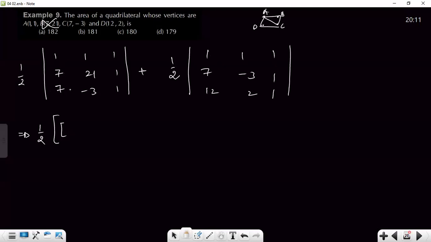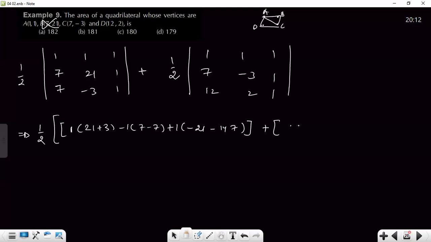determinants. Let's solve the determinants now. 1 into 21 minus of minus 3 minus 1. 7 minus 7 plus 1 into 7 minus 3 minus 21 into 21 minus 7. 21 into 7, that becomes 147.